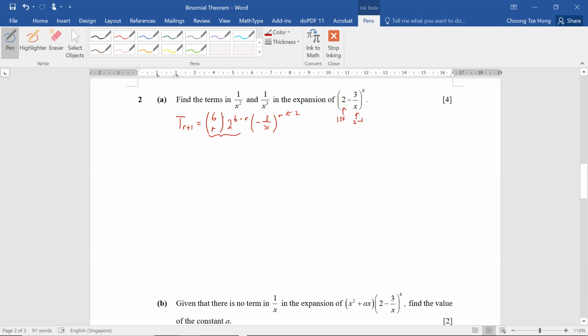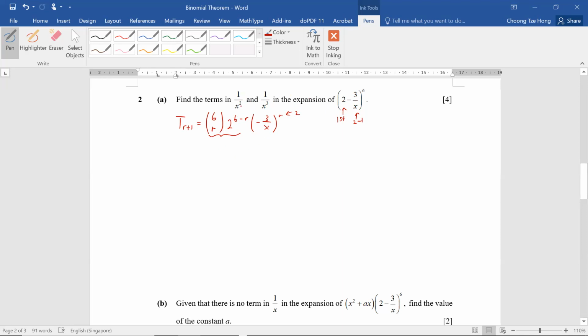So the first part of this term is not going to affect the power of x at the back. So for a binomial where only one term has an x, if I want to find the 1 over x squared term or 1 over x cubed term or any other term, I can zoom in straight to the r that I need.